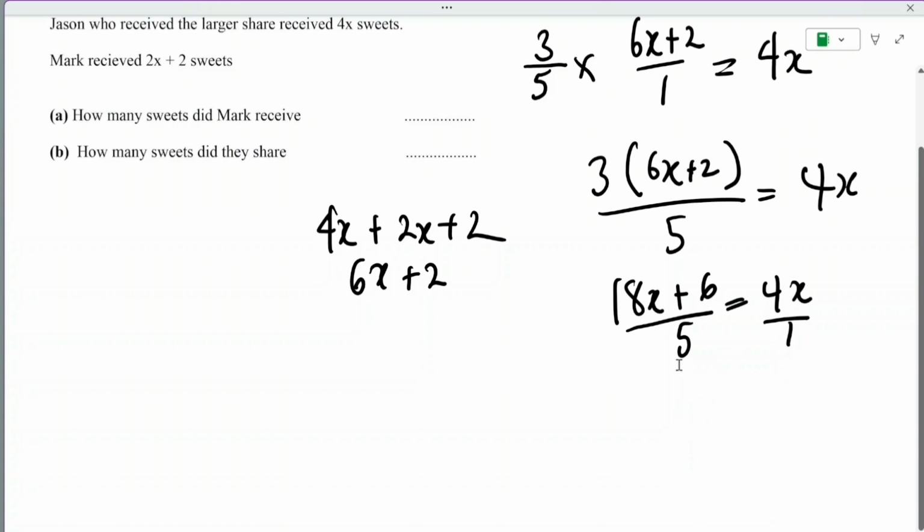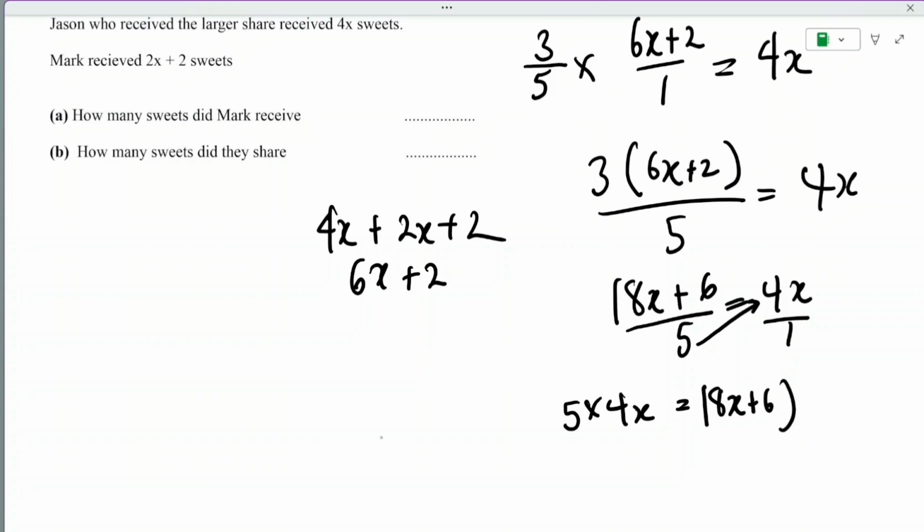Standard in math, you would say multiply both sides by 5, but it has the same effect as saying you cross multiply. So we have 5 times 4x on one side, should equal 1 times 18x plus 6. Anything times 1 is that same thing, but let's just put it out so you can get the step. 18x plus 6 is one entity, you put it in brackets, times 1.